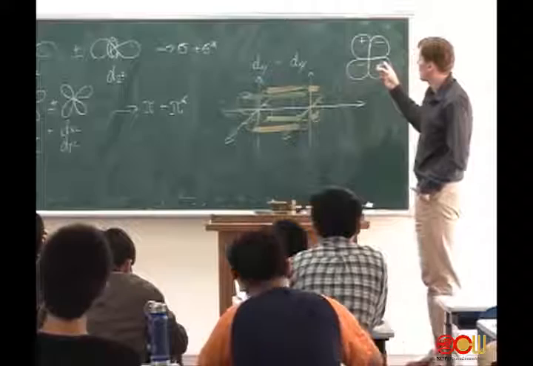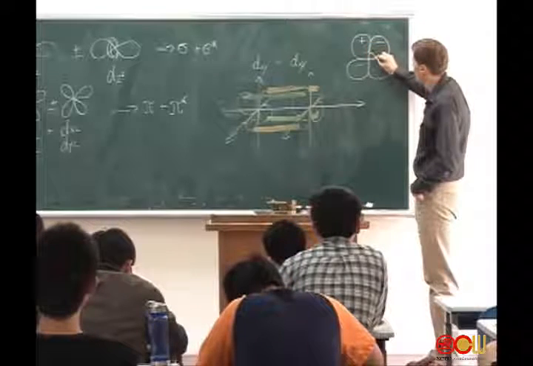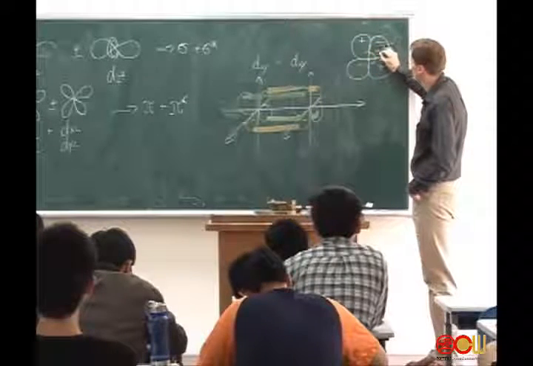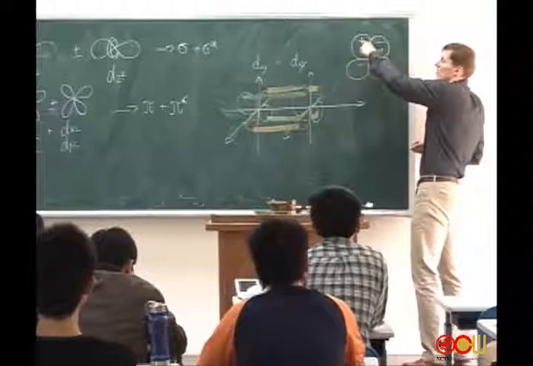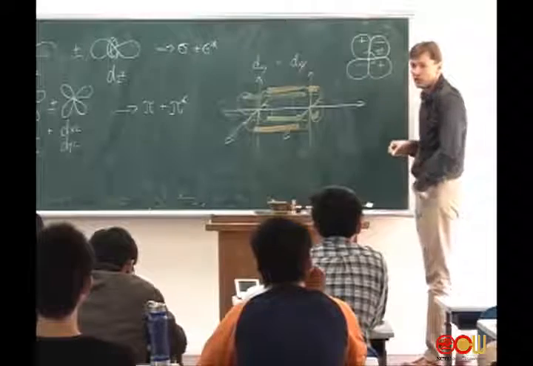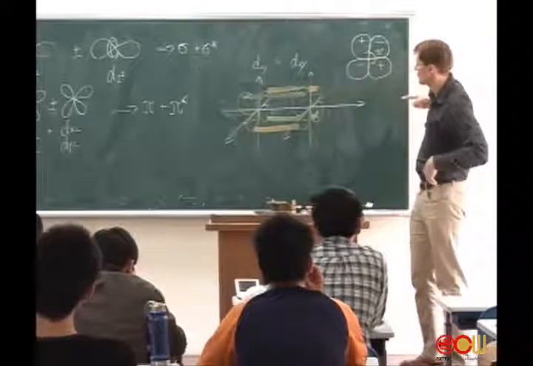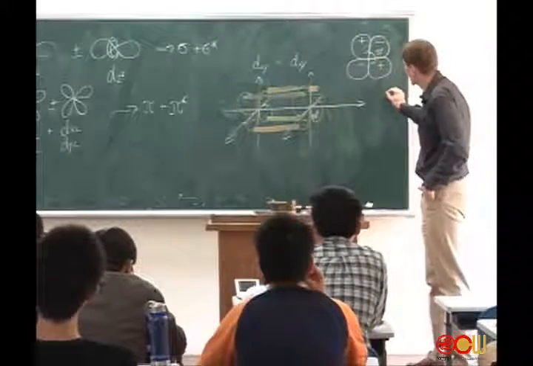So this orbital, to change sign, you have to rotate by 90 degrees. If you rotate it by 90 degrees, plus, minus comes to plus, and the orbital changes sign. This type of orbital that looks from this direction like that is called a delta orbital.